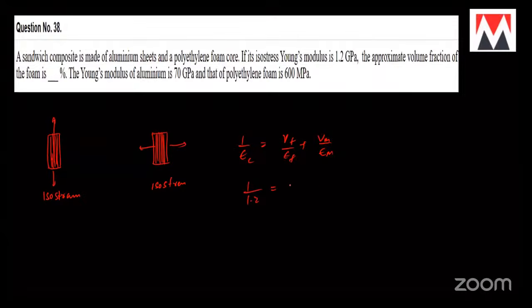So foam is a fiber. So fiber you take it as x by, for fiber you have what, 600 MPa, plus. If you don't know what is fiber, what is matrix, you can see the values here. Polyethylene 600, more reinforcement will have more Young's modulus, right? So plus 1 minus x by 70. So please solve this. What will you get?